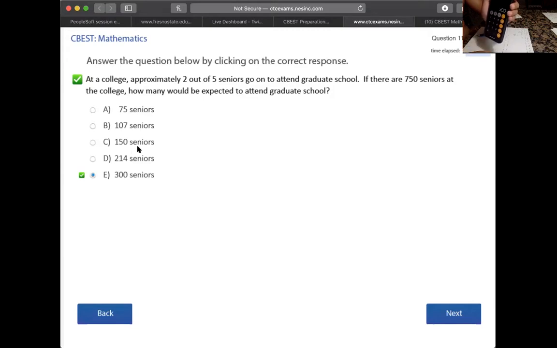So 750 divided by 5 gives you 1 out of 5 seniors. But it's asking for 2 out of 5 seniors. And 2 out of 5 seniors is approximately 300 seniors out of the 750. Okay, if that makes sense.